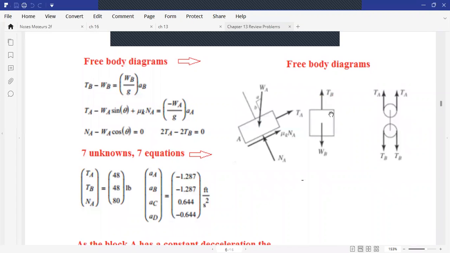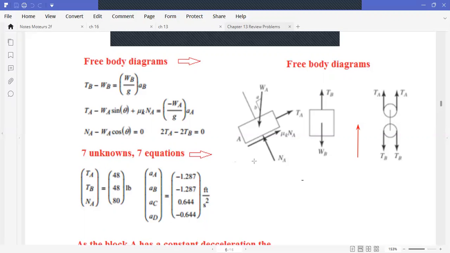In this problem, is SB upward or downward? We took it upward. Because we took SB upward, we apply Newton's law upward: plus TB minus WB equals plus mB aB. If we do it in the downward direction, we would put minus mB aB.